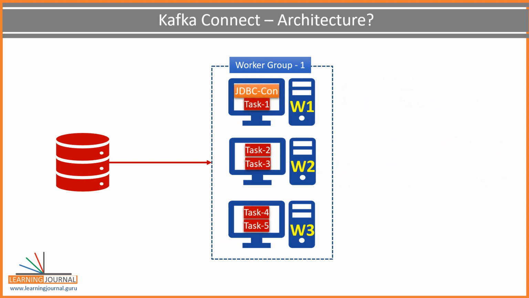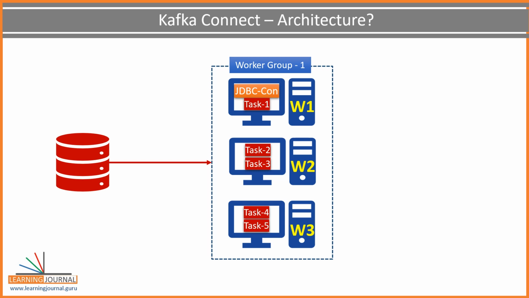So, your task is distributed across the workers for balancing the cluster load. Now the task is responsible for connecting to the source system, polling the data at a regular interval, collecting the records, and handing over it to the worker. Yes, that's correct. They do not send the record to the Kafka cluster.